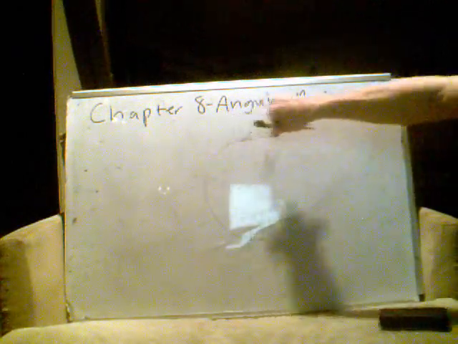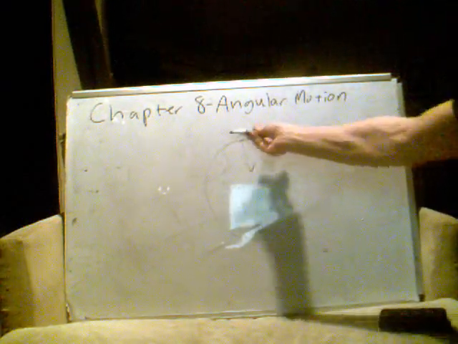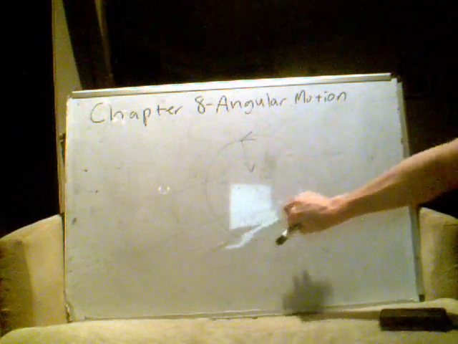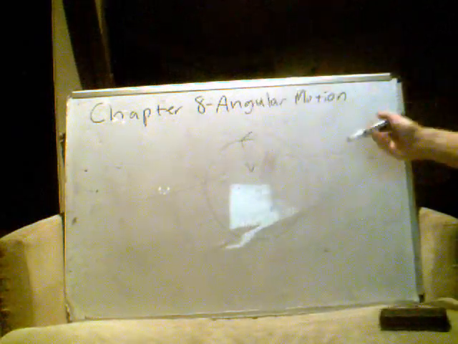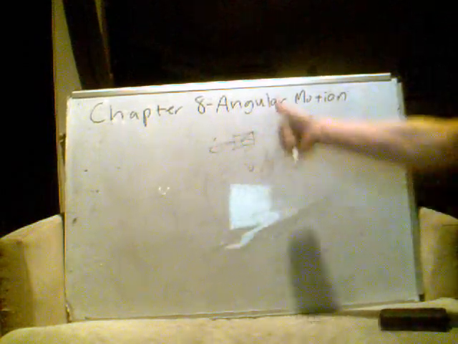You're not accelerating tangentially backward, that would just decrease your speed. You have to be accelerating towards the center, right? Constantly changing your direction towards the middle. And if you don't believe me, imagine, of course, your car here headed this way. You have to turn your wheel to the left in order to make sure that you keep going in a circle, right? Pretty straightforward stuff, really, when you stop to think about it.